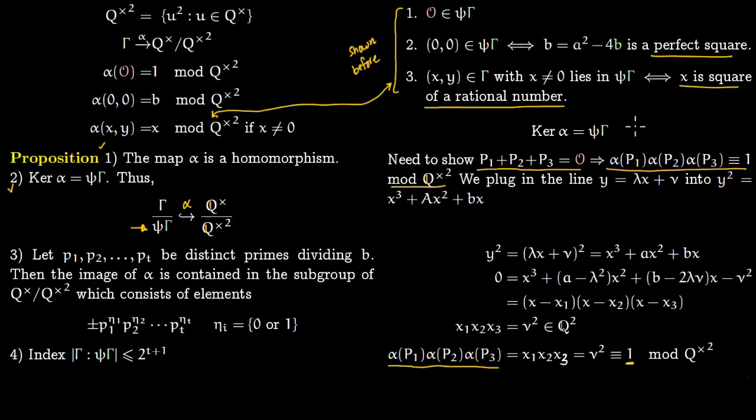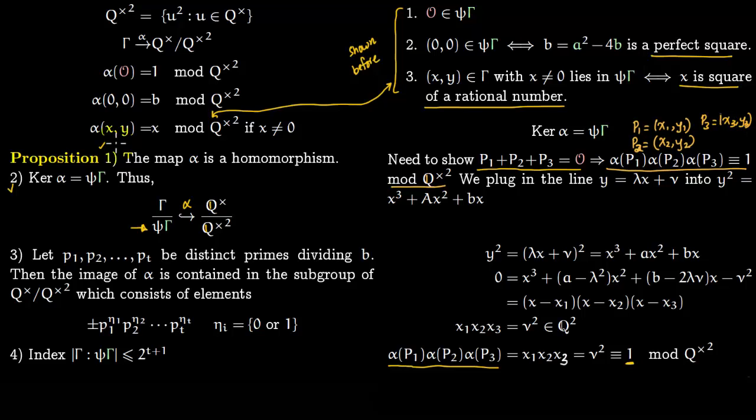Again, p1 is some point x1, y1, p2 is some point x2, y2, and p3 is a point x3, y3.